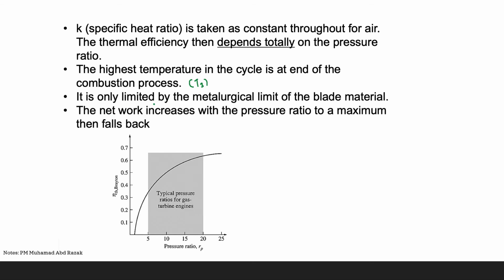It is only limited by the metallurgical limits of the blade materials, and from this graph we can see that the greater the pressure ratio, the thermal efficiency will increase. And the typical pressure ratio for a gas turbine engine is between 5 to 20.